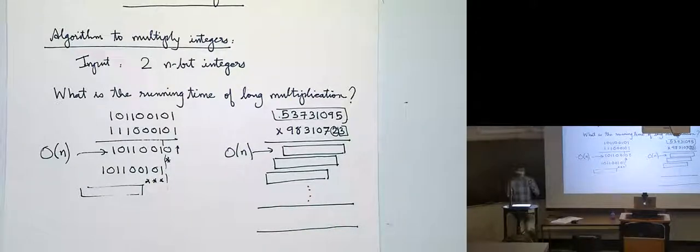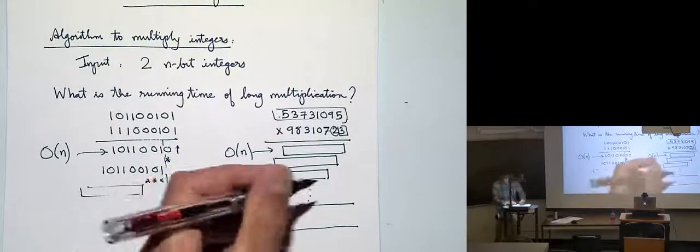How long does that take? How long does it take to add 2 integers? Just 2 integers, how long does it take? O of n. So how long will it take to add n integers of n bits? N squared. So it's not n, it's an extra n squared to add everything.